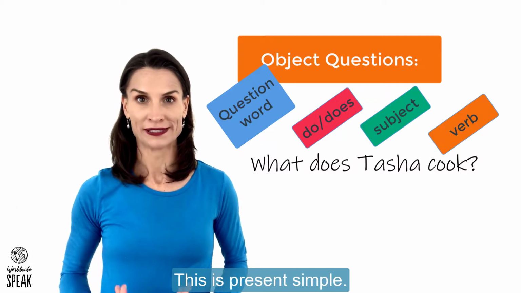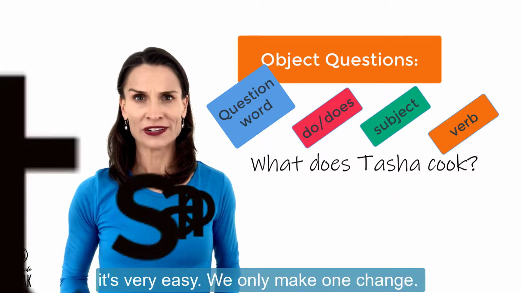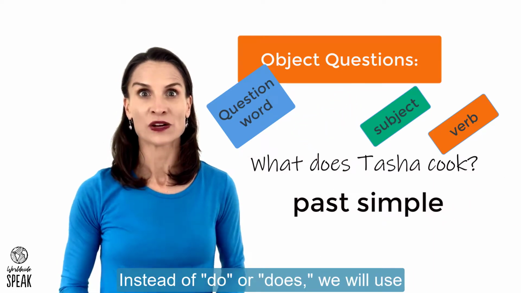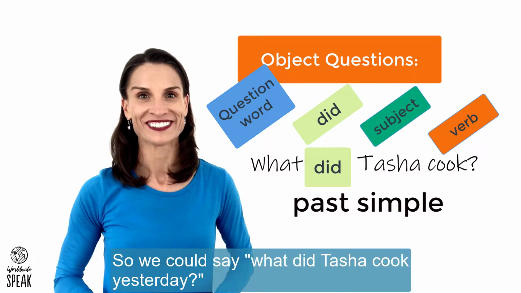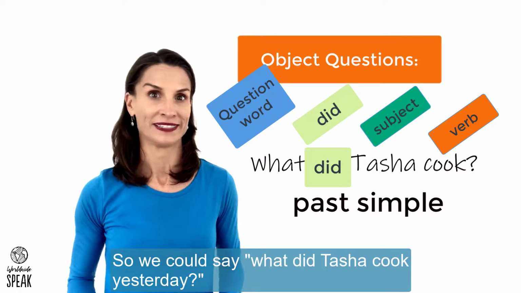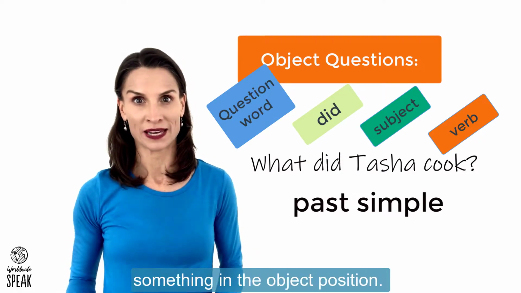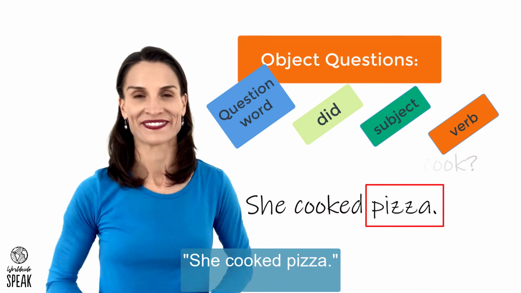This is present simple. If we want to change this to past simple, it's very easy. We only make one change. Instead of do or does, we will use did, and that's for all the subjects. So we could say, what did Tasha cook yesterday? And we would get an answer giving us something in the object position. She cooked pizza.